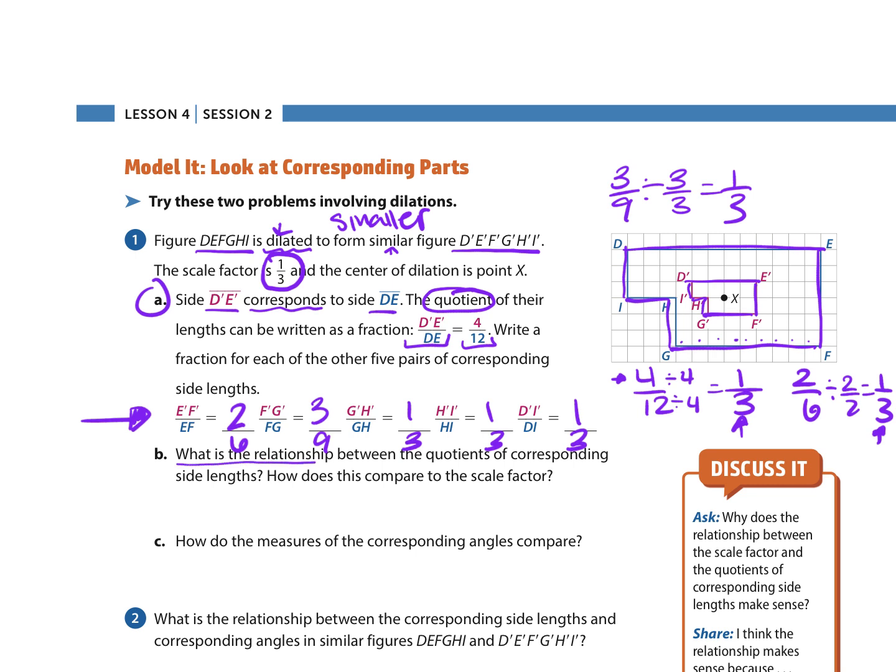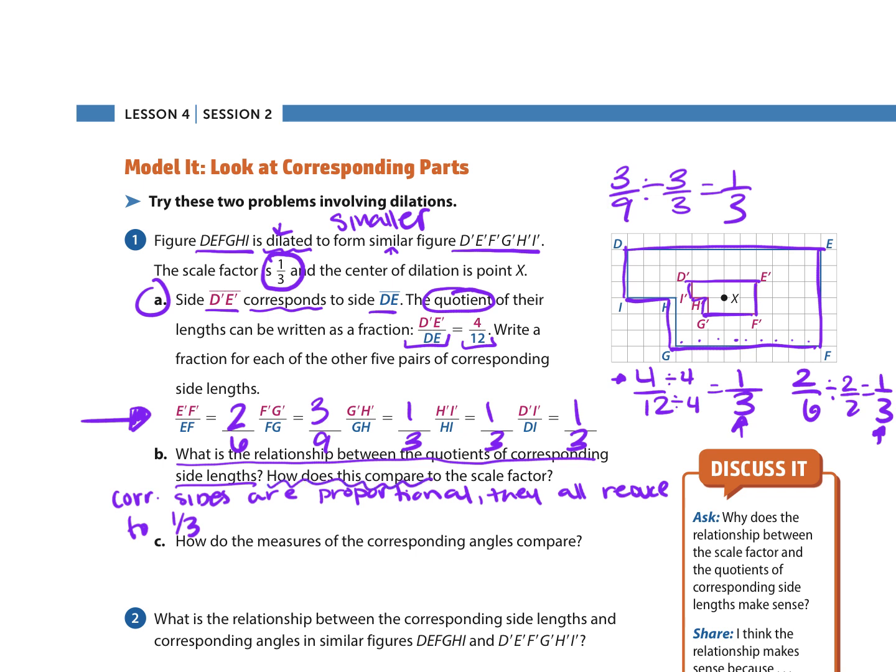So when it asks what the relationship is between those quotients, it means they're proportional. So corresponding sides are proportional. Whenever you say that, I'm always going to ask, how do you know? So you're going to say they all reduce to 1/3. There's more to this question though.